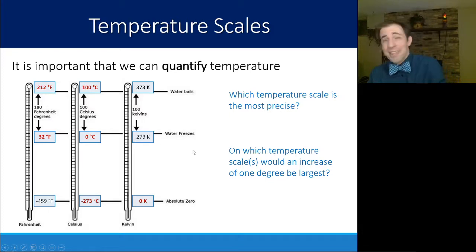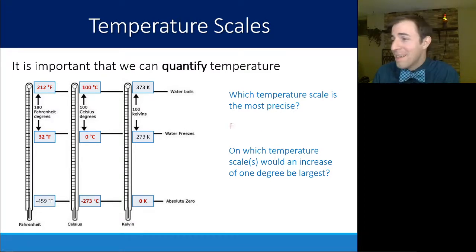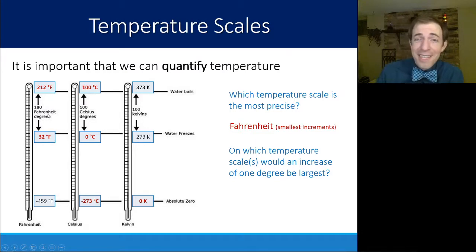Looking at these three scales, if I were to ask you which temperature scale is most precise, the answer isn't the obvious one. We think the one with the biggest numbers often is the most precise, but precision is a matter of how small of increments you get, how fine-tuned your measurement is going to be. And technically, Fahrenheit has the smallest increments. So Fahrenheit is more precise than these other two.